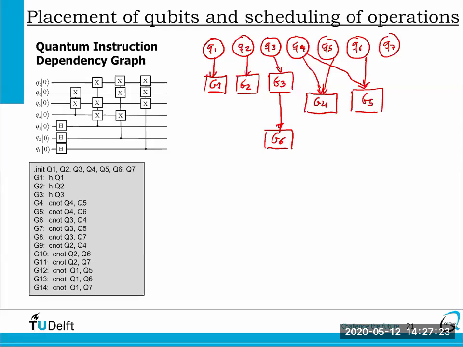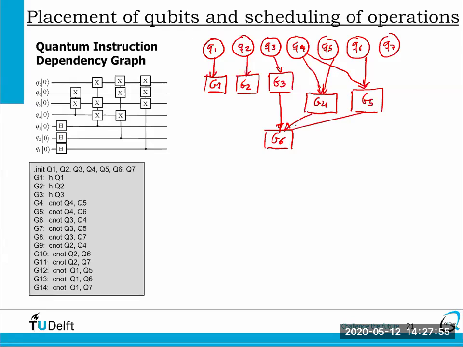From which operations does this C node Q3, Q4 depend? A line from the original Q4, right? I'm not sure. Is it from G4 and G5? Exactly, G4 and G5.